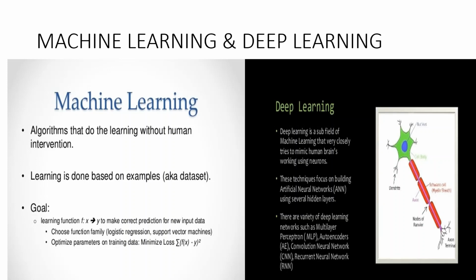Now let us learn about deep learning. Deep learning is a subfield of machine learning that very closely tries to mimic the human brain's working using neurons. These techniques focus on building artificial neural networks, ANN, using several hidden layers.